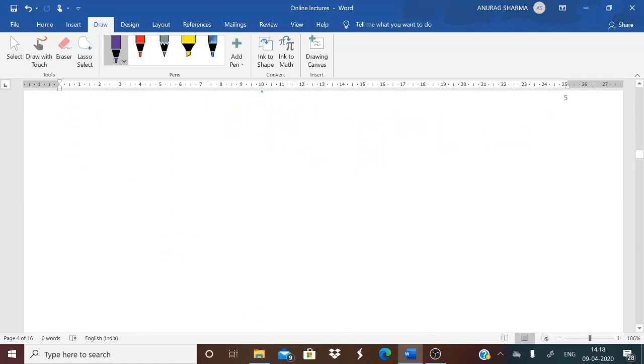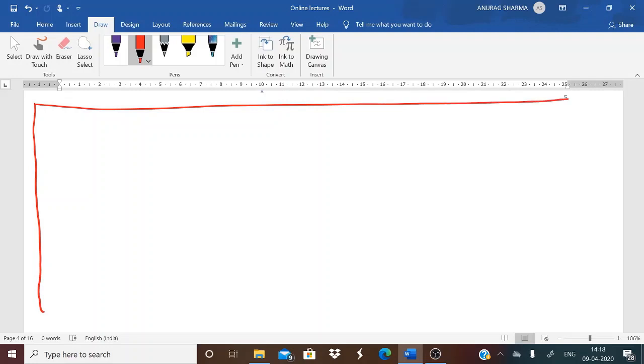In this numerical, we will also draw a table which will be used for calculating the amount of air.